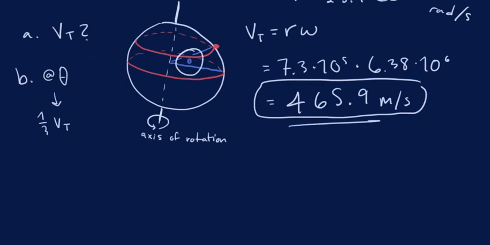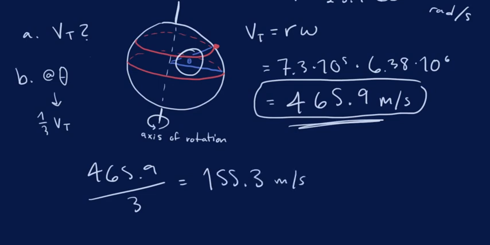So 465.9 divided by 3 comes out to 155.3 meters per second. Okay, so we know that the tangential velocity, vt, equals r omega, and since we know the tangential velocity is 155.3, 155.3 equals r omega.